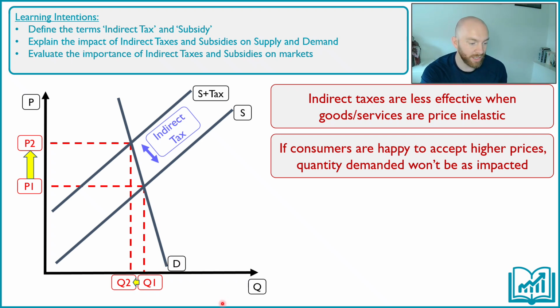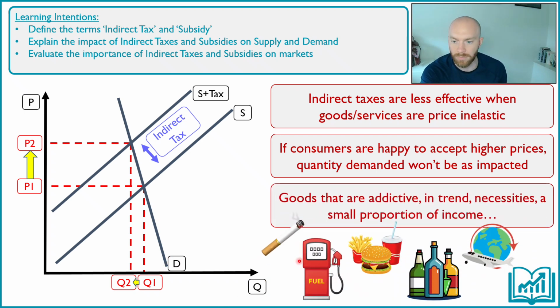So let's take a few examples. Let's say we're talking about fast food. If we apply a higher tax to fast food, okay, that's going to force the price up. But fast food is addictive, it's convenient, and it's not a massive proportion of a working adult's income. So they may be happier to accept higher prices, and you won't see that many people no longer purchasing fast food.